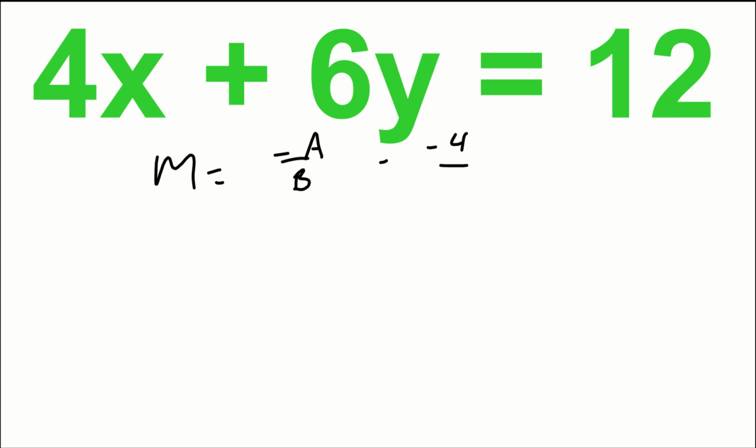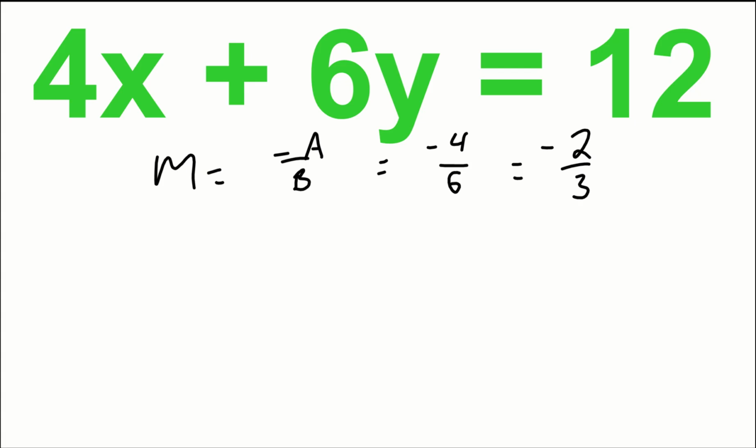And my b value is 6. Now this is one of those where it's not 100% true standard form because the greatest common factor isn't 1. We can simplify that. What number goes into both those? 2. So when we divide by 2, it still stays negative, and then we get negative 2/3. So that's our slope. Everybody good with that?